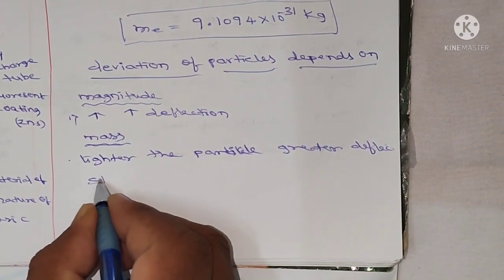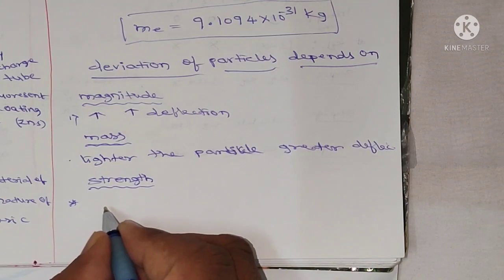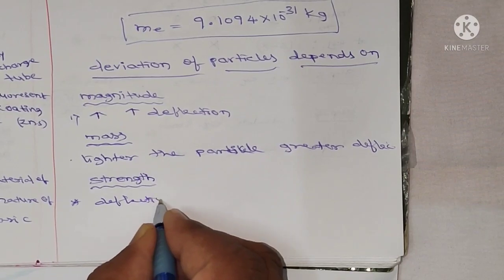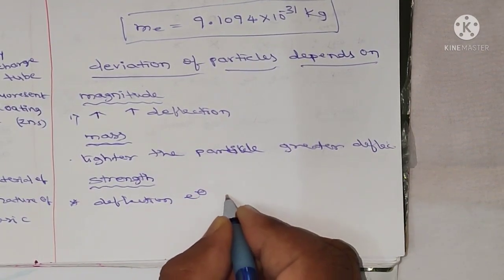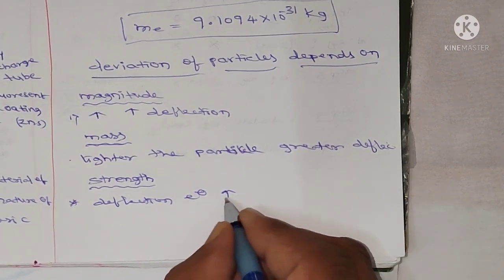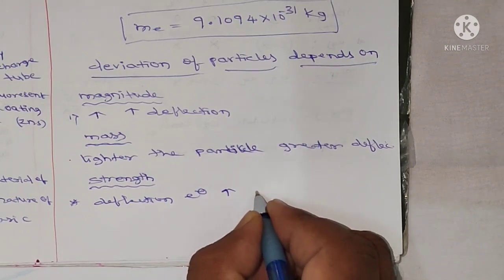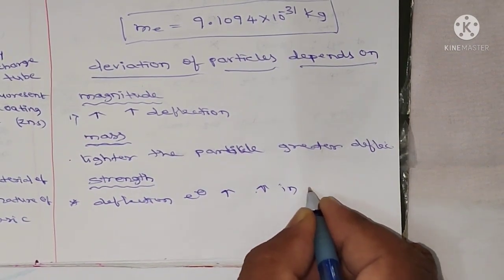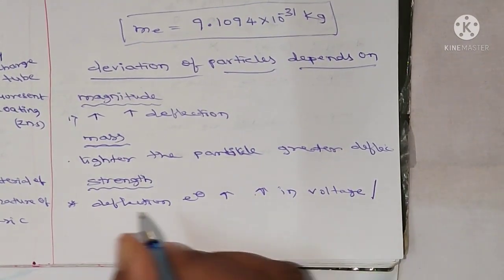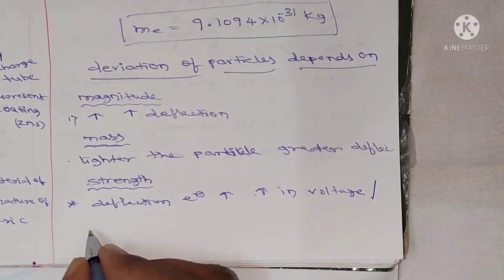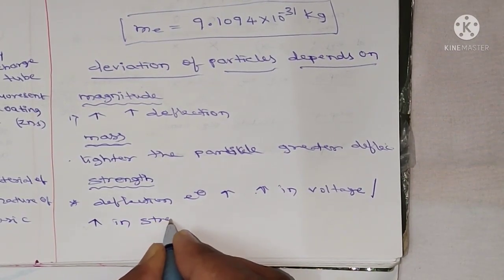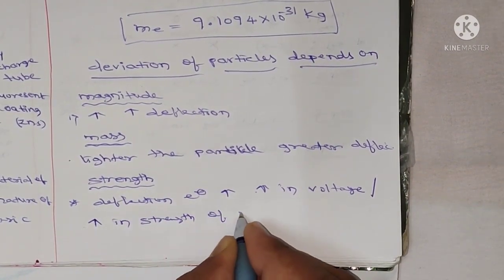And strength. Here, deflection of electrons increases with increase in the voltage, or with increase in strength of magnetic field.